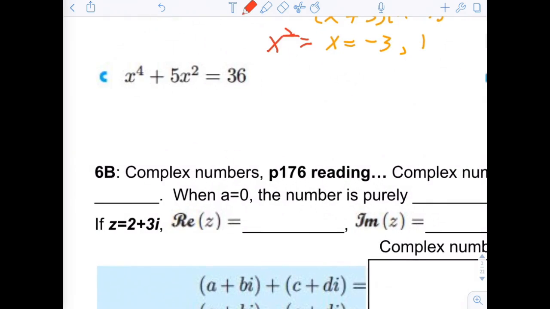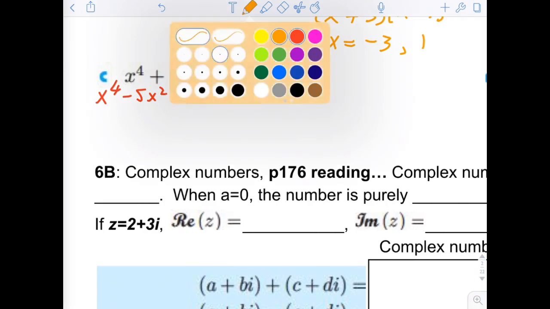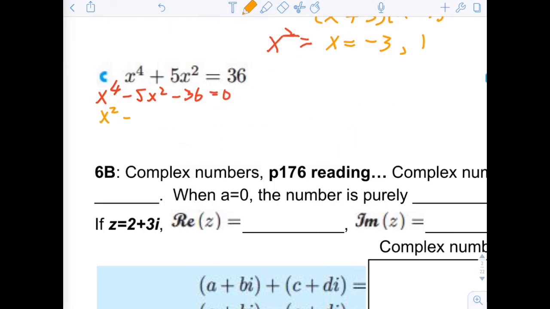We'll be able to do the same thing here. So we'll put x to the fourth minus 5x squared minus 36 equals 0. We're going to replace that with orange x's. And then we'll factor. So orange x is equal to 9 or negative 4.